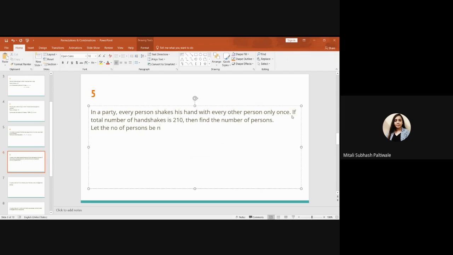Then the total number of handshakes is 210, and every person shakes hands only once. So now, let's do one thing.